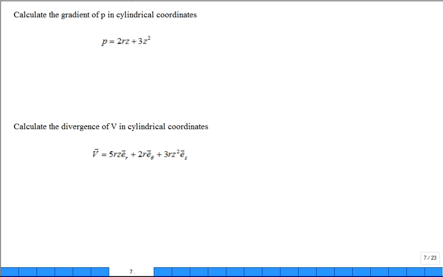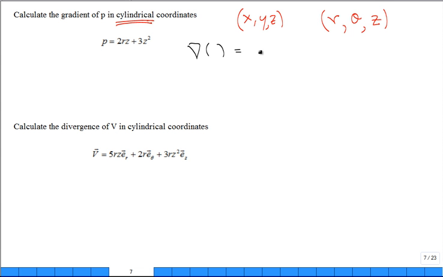Calculate the gradient of P in, monkey wrench here, cylindrical coordinates. And let's take a look. Did they give me P in cylindrical coordinates instead of being x, y, and z, which are Cartesian? Isn't it r, theta, and z in cylindrical coordinates? And so I have to recall, okay, the gradient of something in cylindrical coordinates.